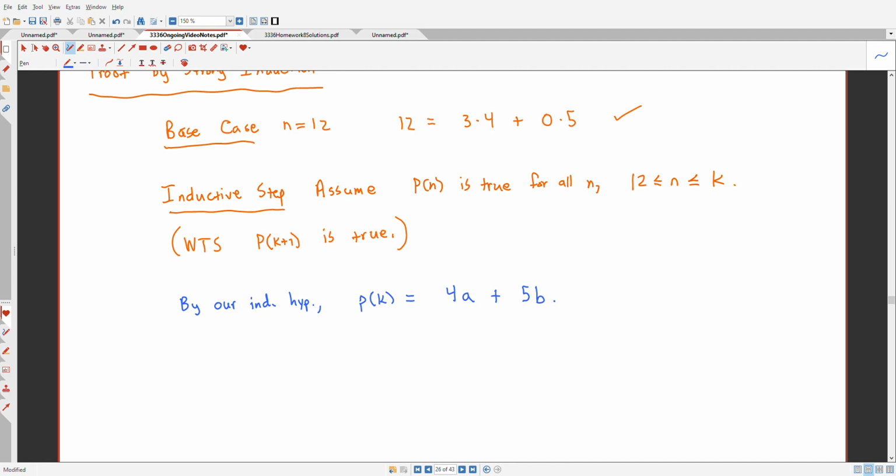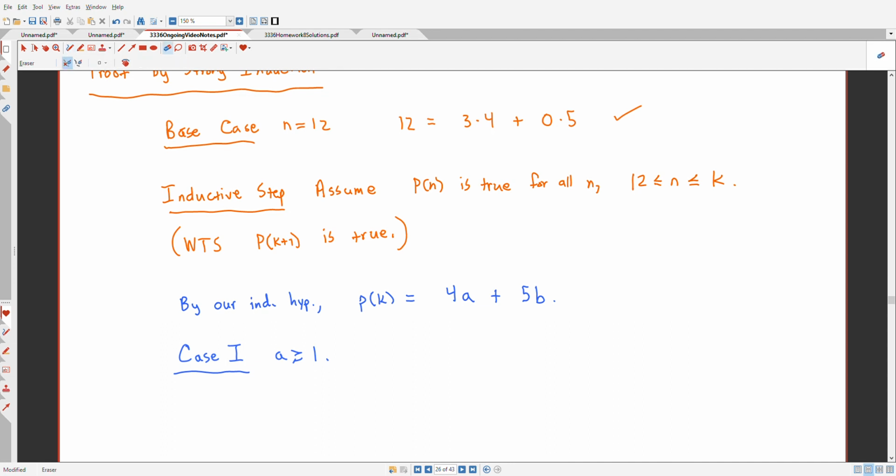And what I'm actually going to do is break this into cases. So case 1, let's say a is at least 1. Let's say for k cents of postage, I had to use at least 1 4-cent stamp. Then, oh, sorry, I miswrote.